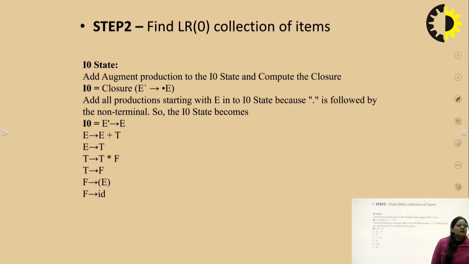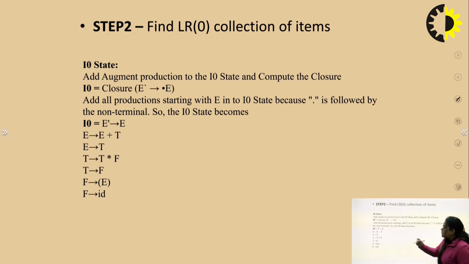Now, the second step is to find the LR0 collection of items. First is the I naught state: add the augmented production to the I naught state and compute the closure of I naught.